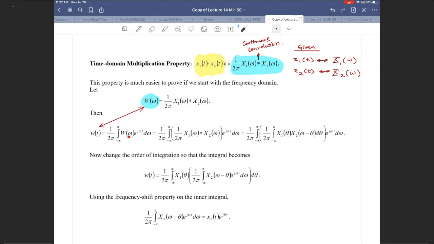Capital W of omega, because it's a convolution, I can write that as 1 divided by 2 pi from over here. Just substituting for capital W of omega.